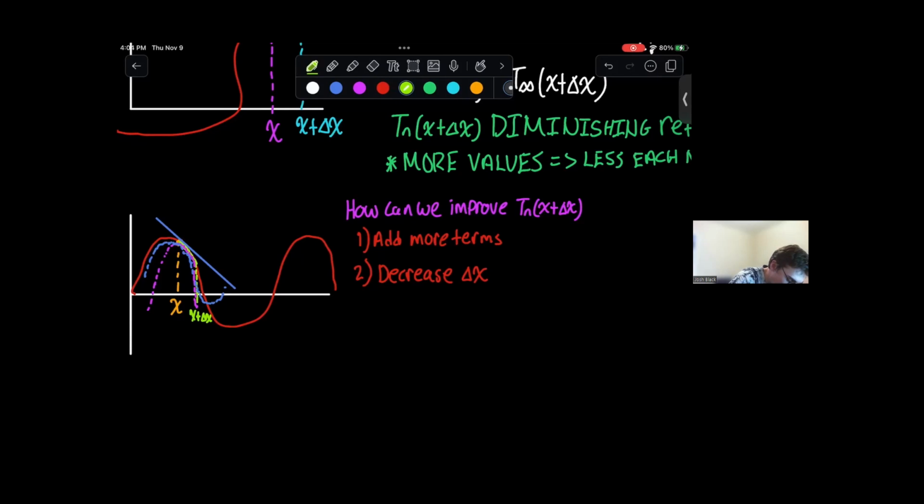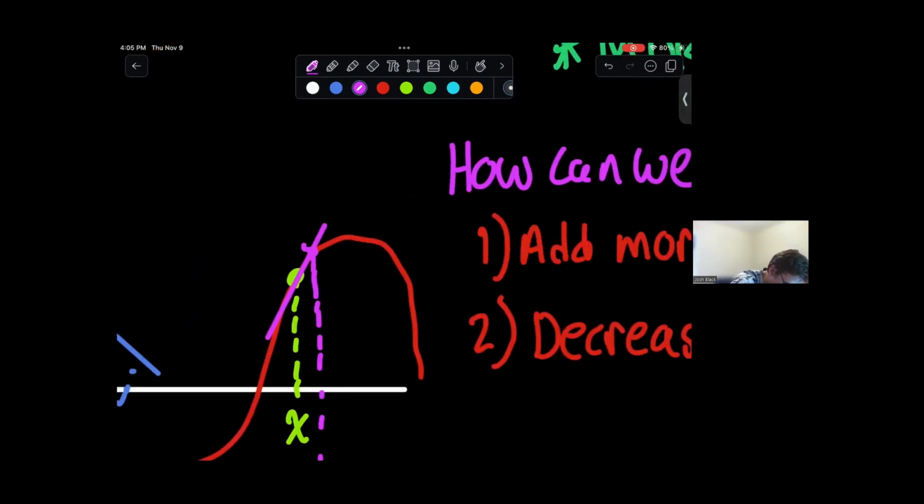So I'll show you that again. So this here is x, and then I made this value here x plus delta x. Let's draw our line. Look at that. First order Taylor series, boom, we got it. I'd say that's pretty on the money.